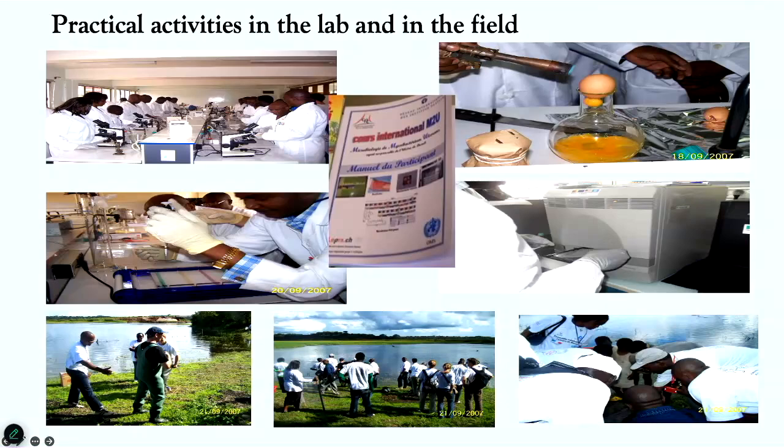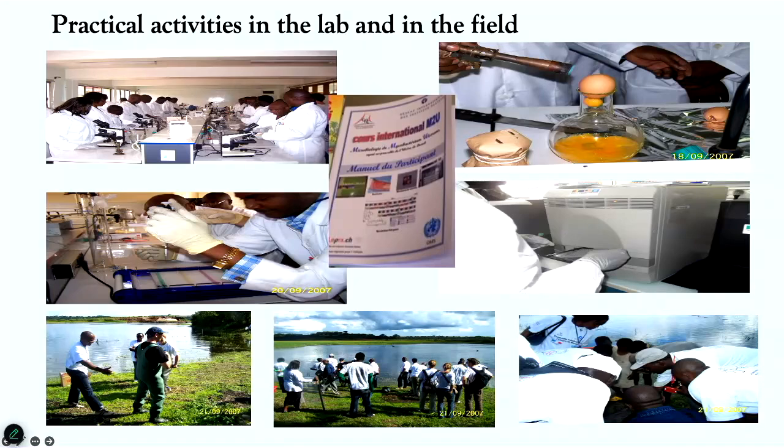So these are a few pictures of us training. We trained for all diagnosis, from microscopy to Lowenstein-Jensen medium for culture. We were training for classical PCR first, but then we moved to qPCR.